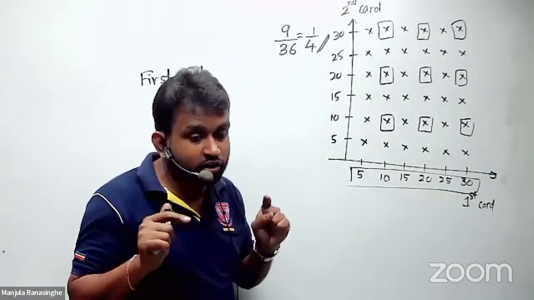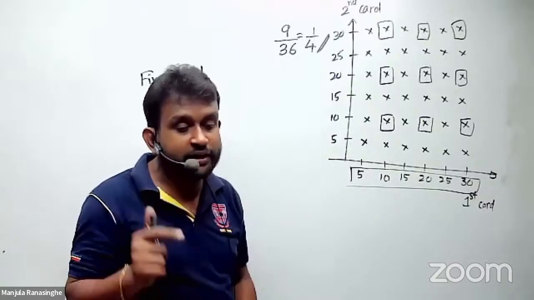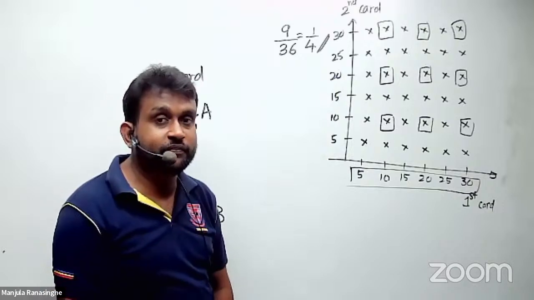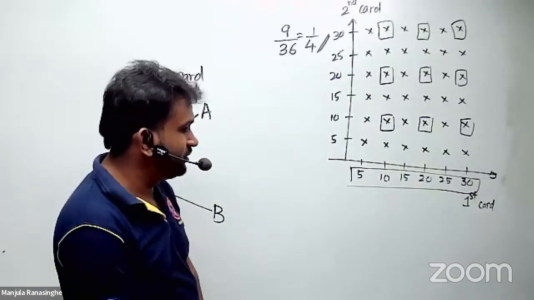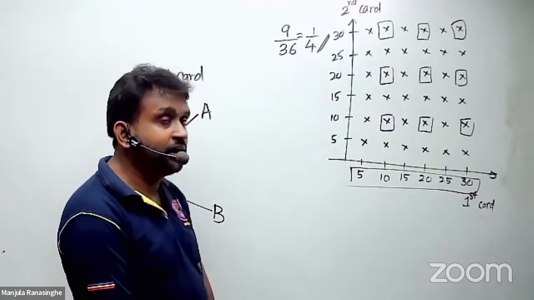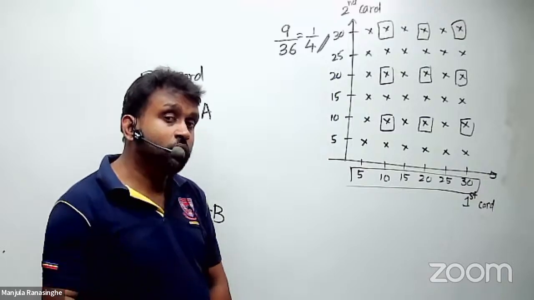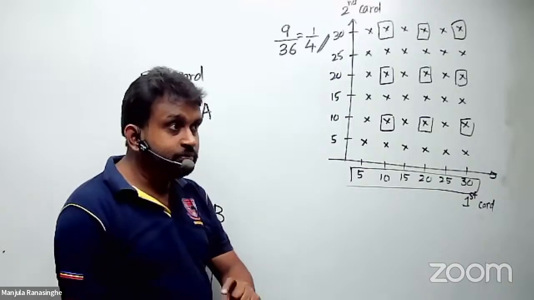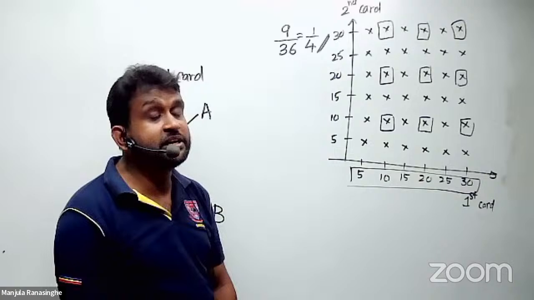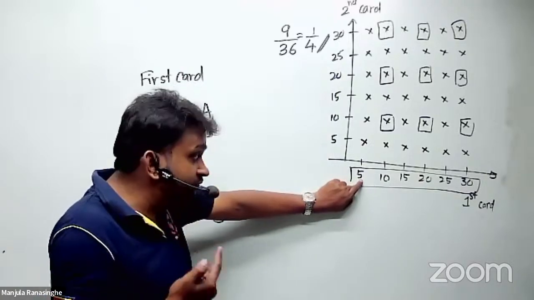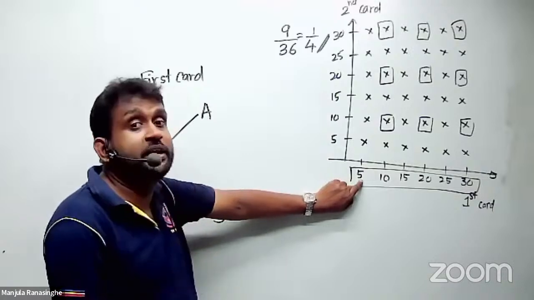Event A is getting only the multiple of 5 and event B is getting only the multiple of 10. Only means we cannot take the multiples of 10, because multiples of 10 are also multiples of 5.